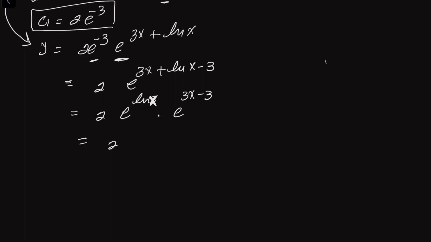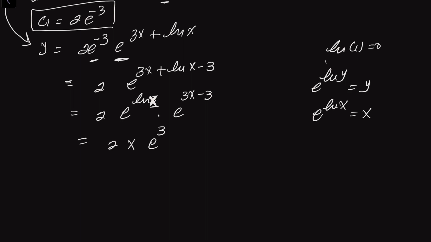We said natural log of 1 equals 0, e to the natural log of y equals y, and e to the natural log of x equals x. So e to the natural log of x will be x. So that will be 2x e to the 3x minus 3, or we can even simplify more, 2x e to the 3(x minus 1).